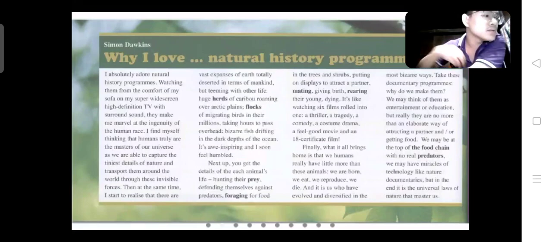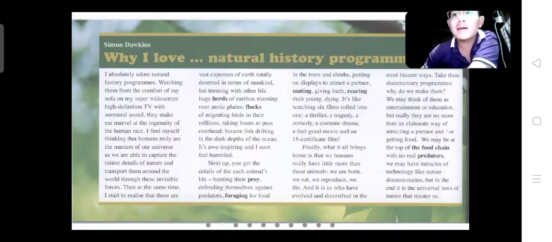Now we go back to this reading and consider the question: how far do you agree with the last paragraph of the article? In the last paragraph, he sums up that the life of humans is still similar to that of animals, because humans are born, eat, reproduce, and die.